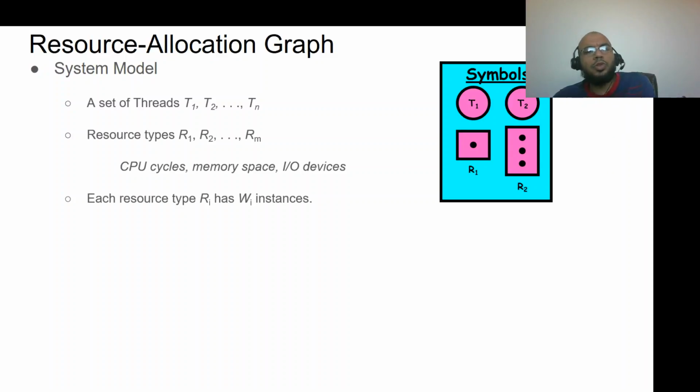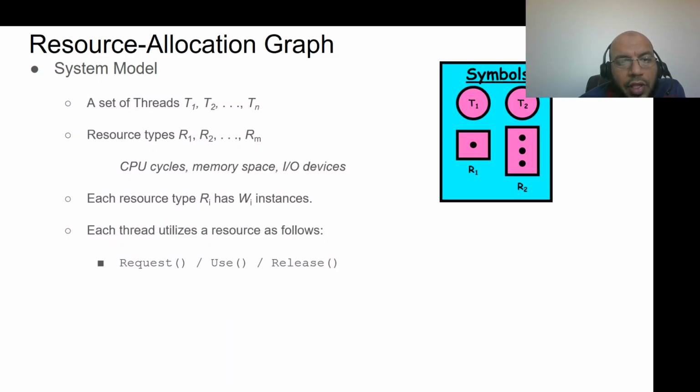For resource types, you can have a resource with a single capacity, like R1 has only a single instance, R2 has 3 of them. This can be your CPU cycles, your memory space, your IO devices. Each resource type Ri has Wi instances, which is the number of resources that you have. Each thread utilizes a resource as follows: either requests it, uses it, or releases it.